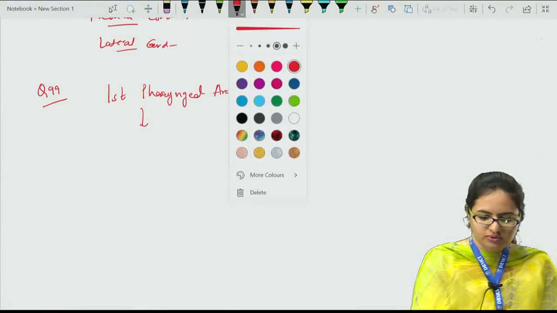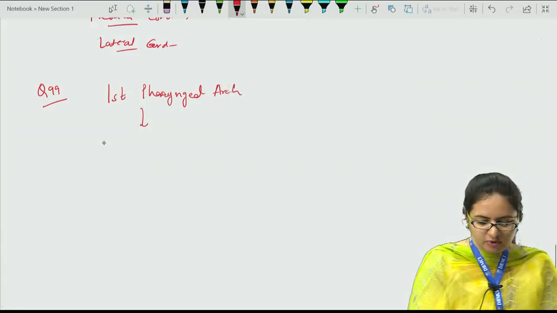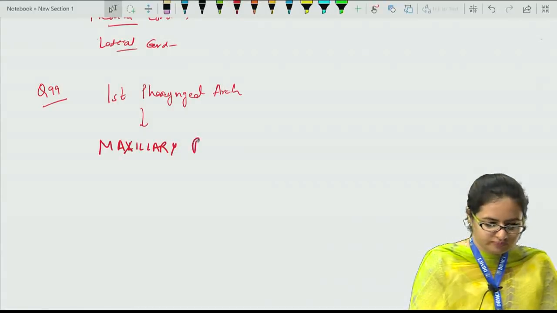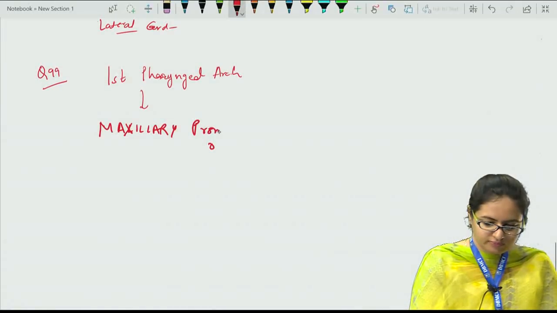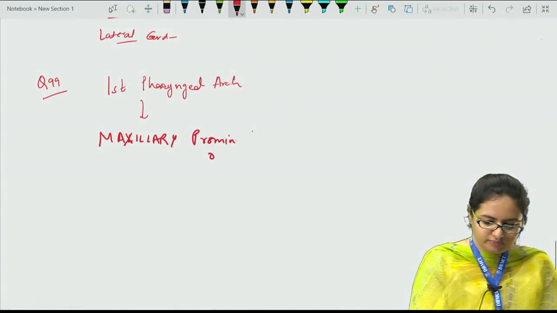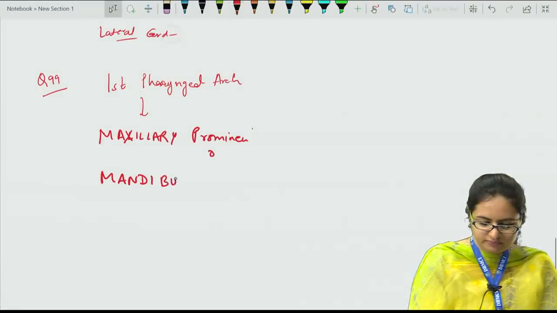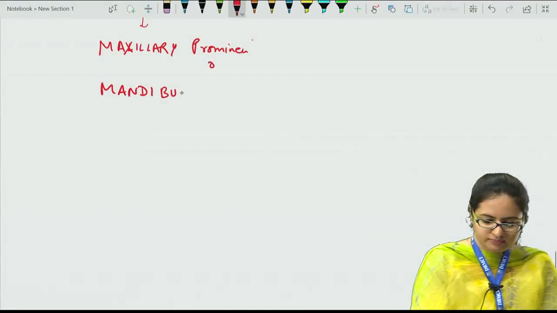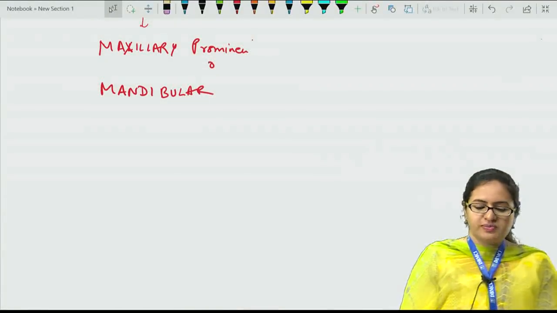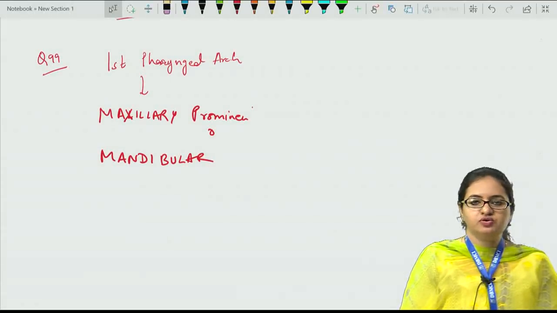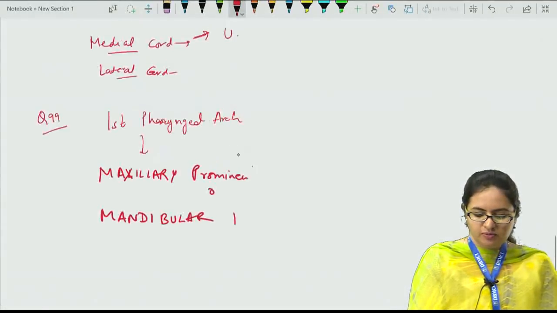It gives rise to the maxillary prominence as well as the mandibular prominence.